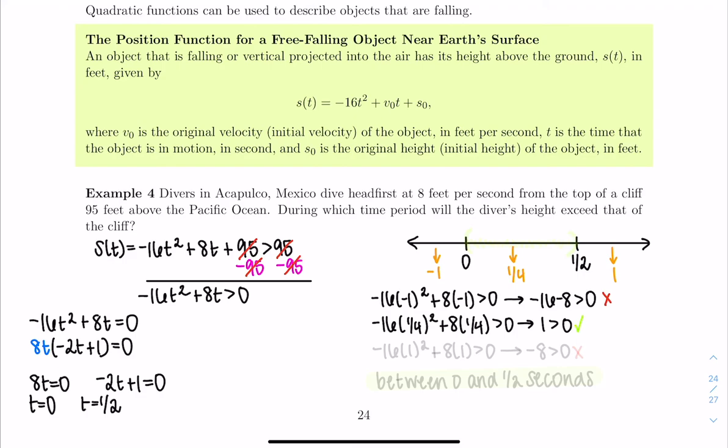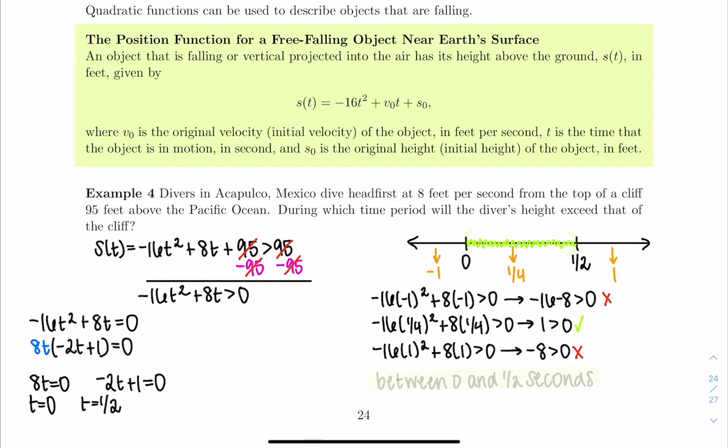And so we want to shade in that region. And then we need to test out 1. So negative 16 times 1 squared plus 8 times 1 greater than 0. But that ends up giving me negative 8, which is not greater than 0, so we will not shade here.